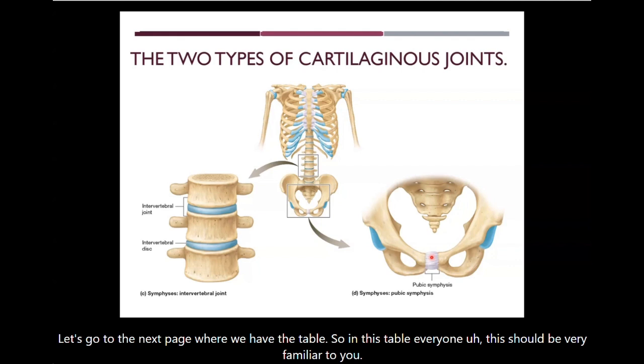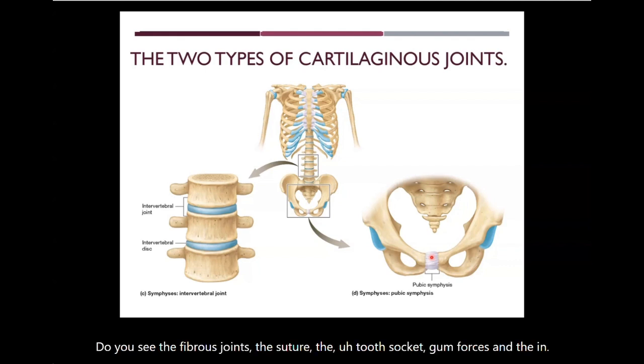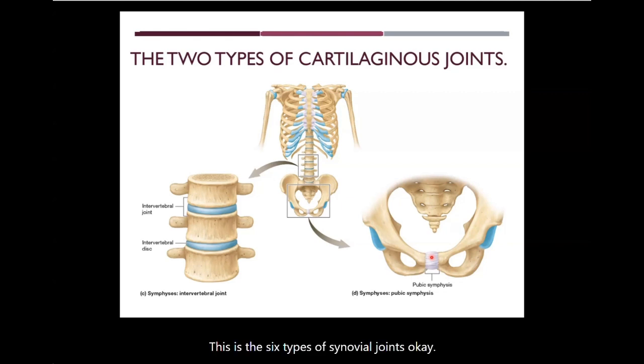So in this table, everyone, this should be very familiar to you. Do you see the fibrous joints, the suture, the tooth socket, gomphosis, and the syndesmosis where we have the interosseous membrane? Do we see that? And then at the bottom, do we see the cartilaginous joint, right? The 2 types. And if you go to the last page here, this is the 6 types of synovial joints.